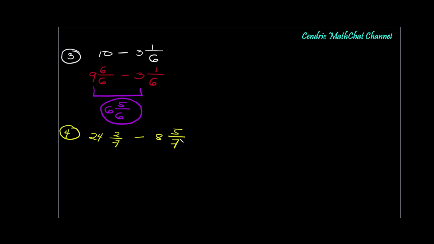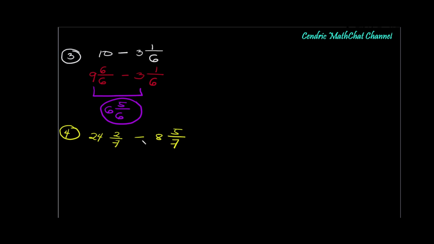We are lucky in this problem because we have like fractions, 7s and 7s. However, 5/7 take away from 2/7 will give us a negative number, and we don't want to get in there yet. Okay, so again, we don't need to convert this into improper fractions before we can find their difference.